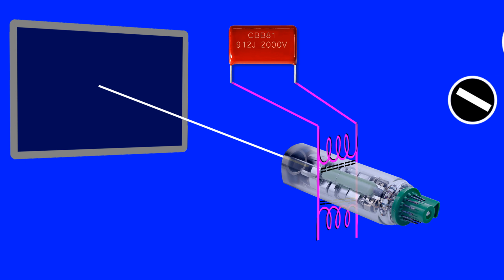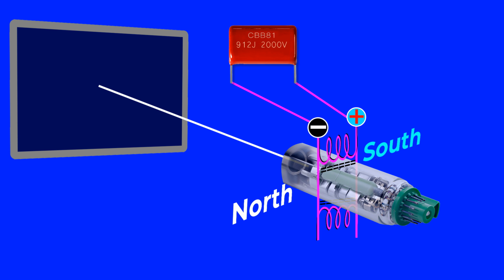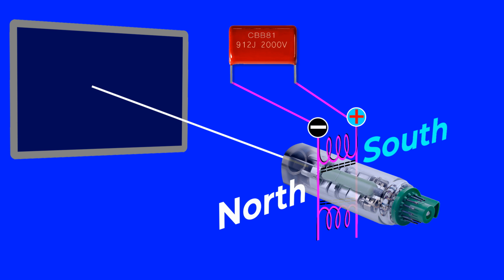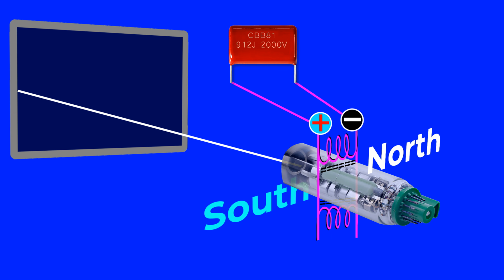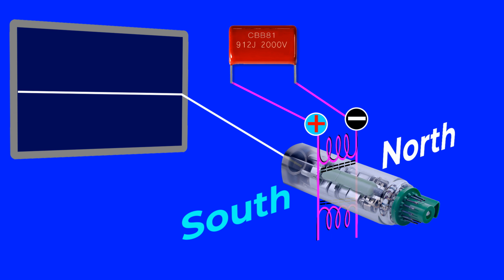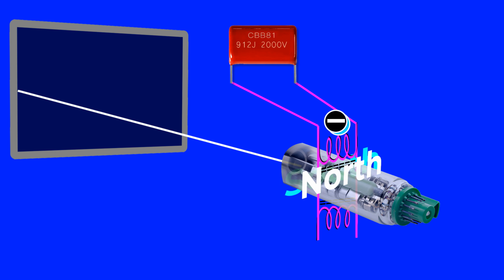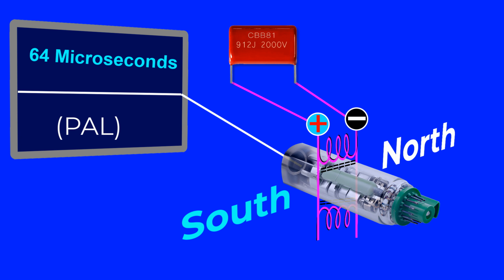Then when the coil receives a bias voltage from the transistor like this, the magnetic pole of the yoke coil throws the electron beam to the right side. And when the coil receives the reverse voltage, the electron beam will move to the left side. At 15.625 kHz frequency, this horizontal line is scanned in 64 microseconds.